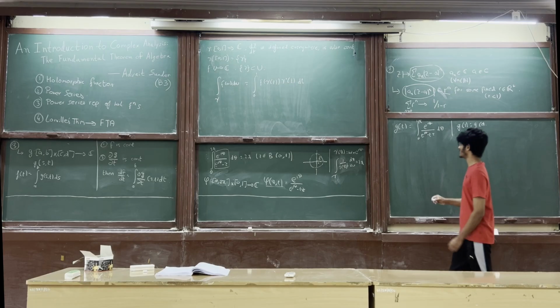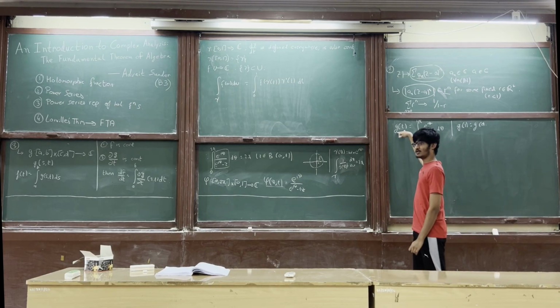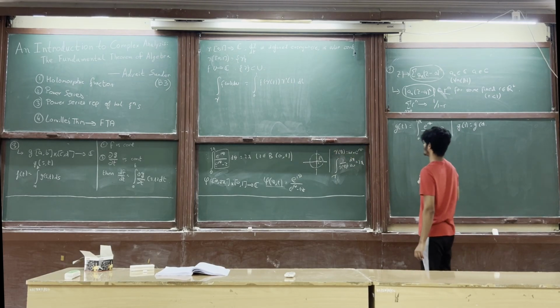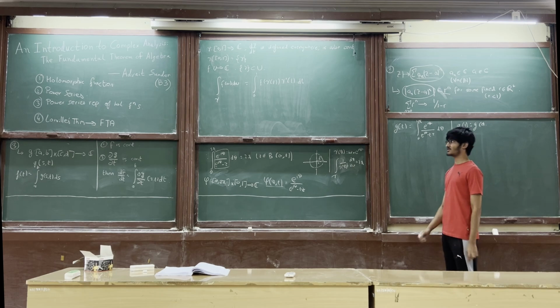How we'll do this? We shall differentiate g by that lemma we proved over there and show that its derivative is always 0.